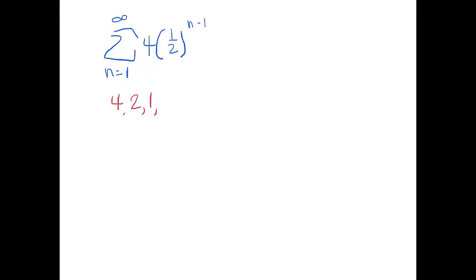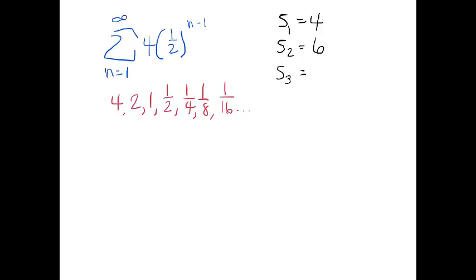So 4, 2, 1, 1 half, 1 fourth, 1 eighth, 1 16th, and so on. If I take these partial sums, at first you think this is probably going to diverge because these sums keep getting bigger. First partial sum is just 4, second one is 4 plus 2, then 4 plus 2 plus 1.